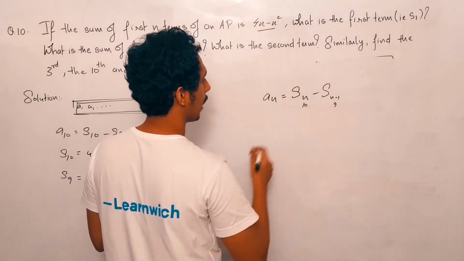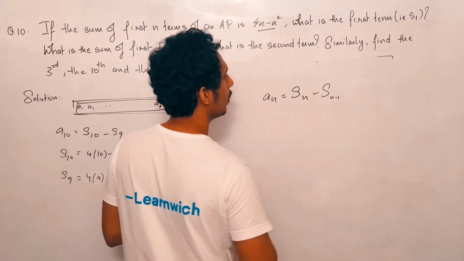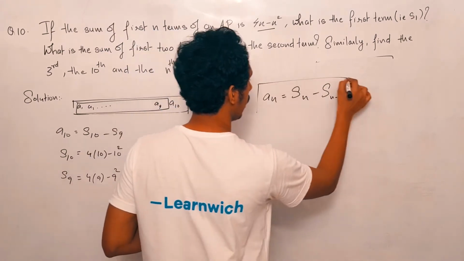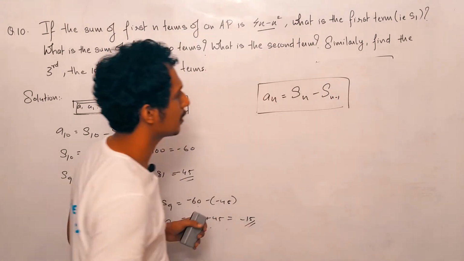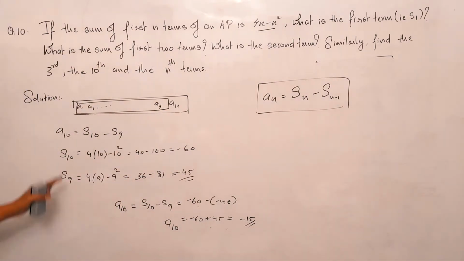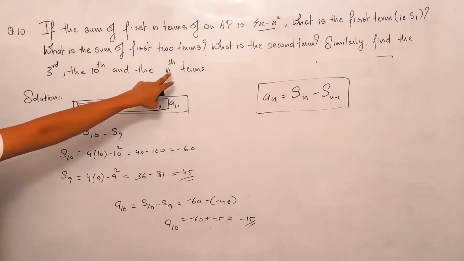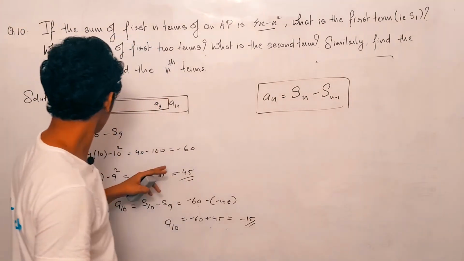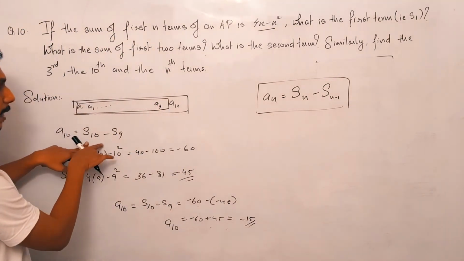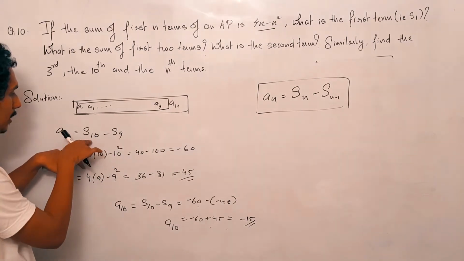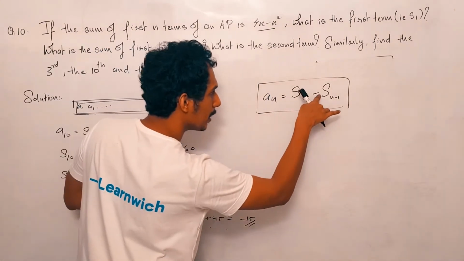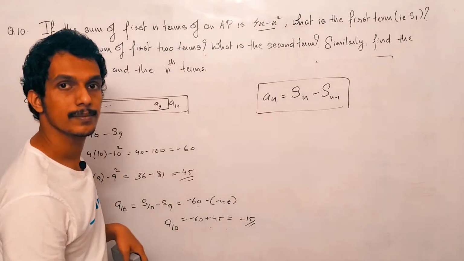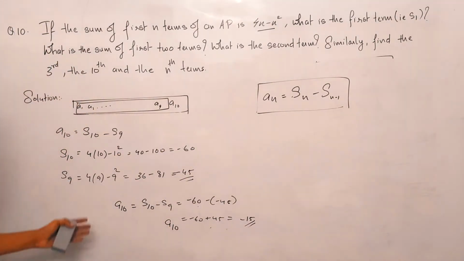So if your sum is n terms, then it will be n minus 1. An is equal to Sn minus S of n minus 1. That will be the nth term, like S10 minus S9. Easy? So please note it down.